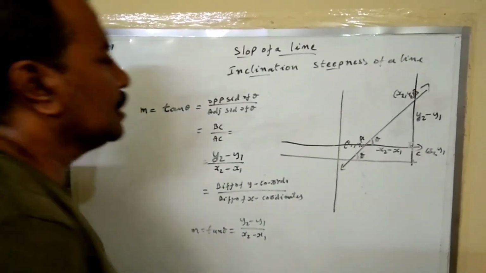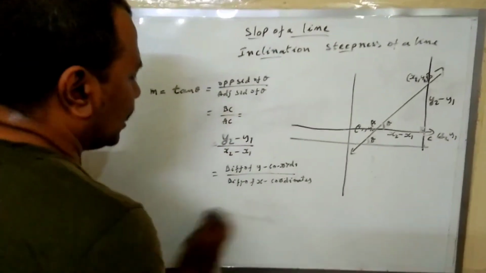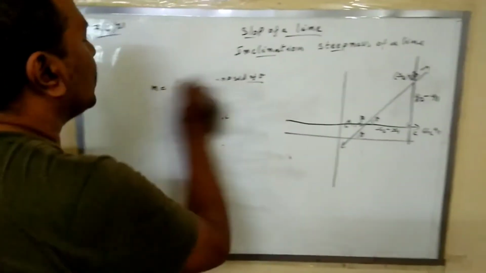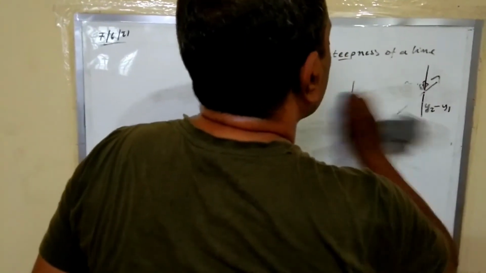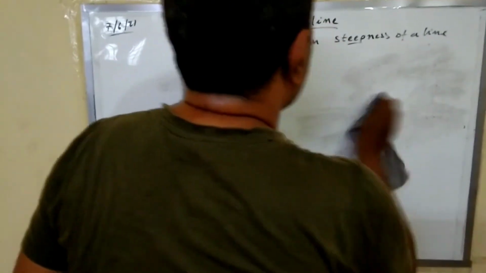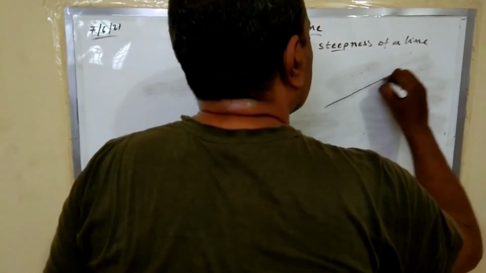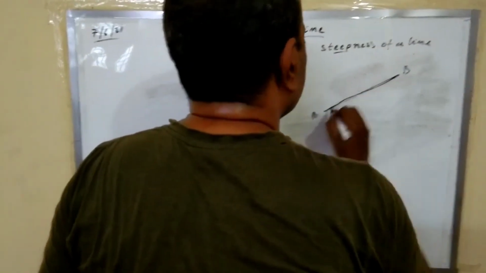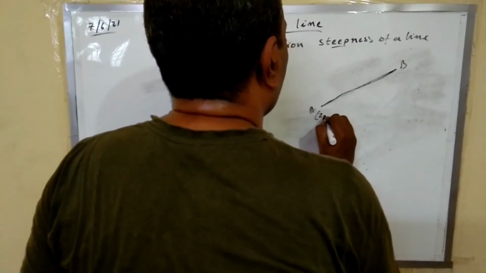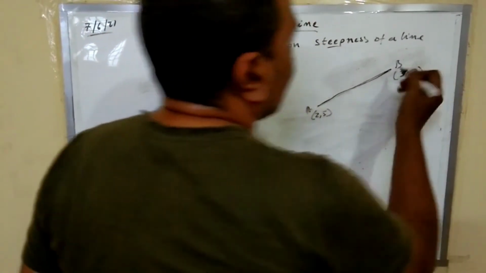Okay. So I'll take an example to make it more clear. You take a line. This is the line AB. Without a coordinate axis I am taking it. So take these as 2, 5 and 3, 7, something like that.